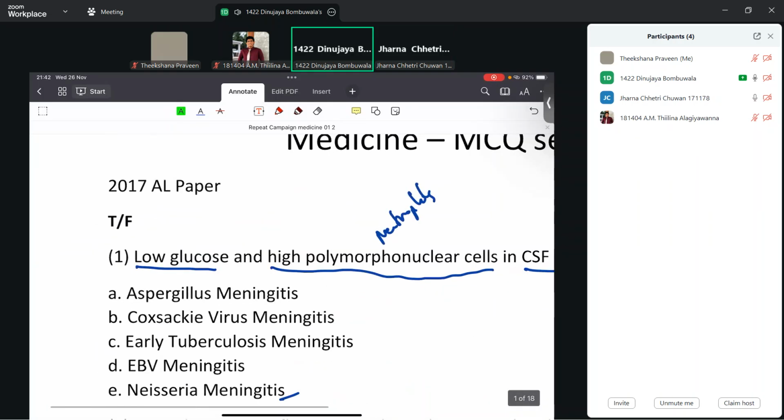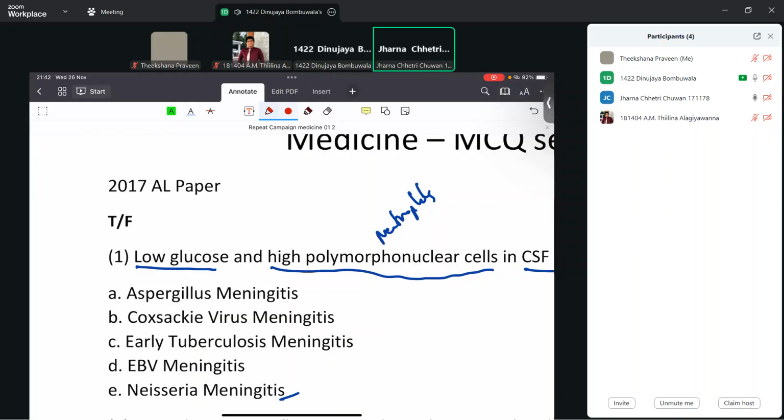So aspergillus meningitis, true or false? Low glucose. Aspergillus is what? Fungus. So it's more like a neutrophil picture: low glucose, high neutrophils, more like bacterial or early tuberculous, early TB.